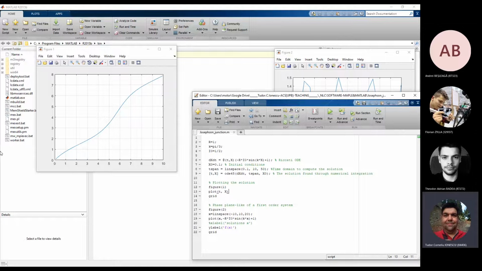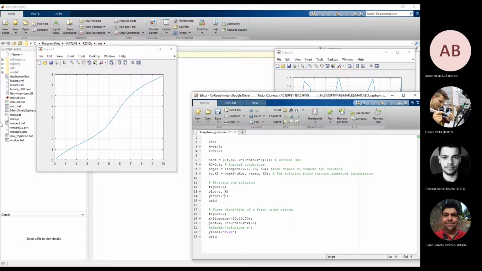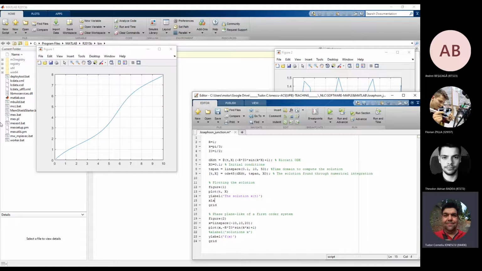I should add a y label, the solution x of t, and an x label, time.